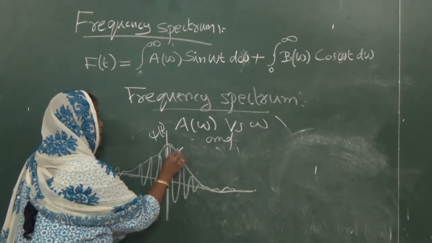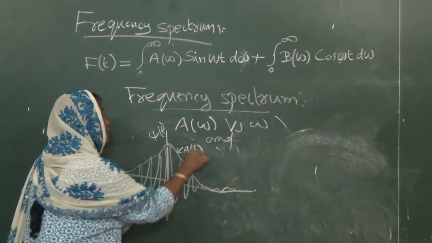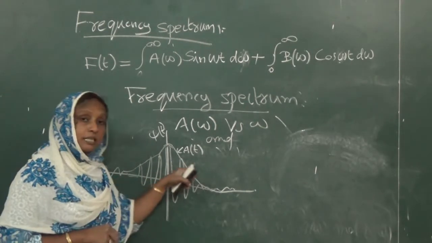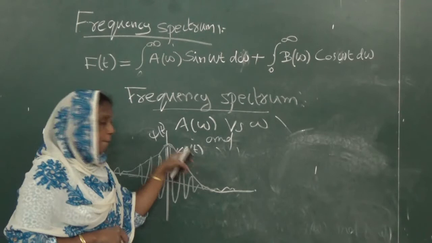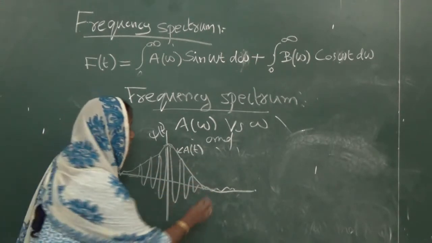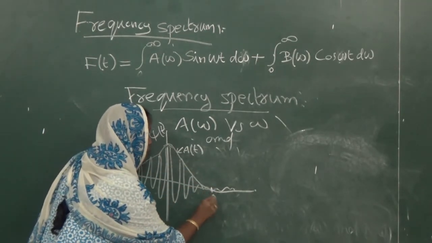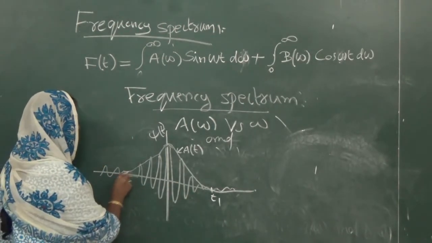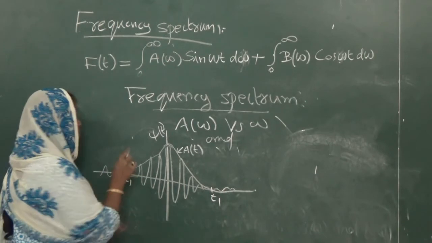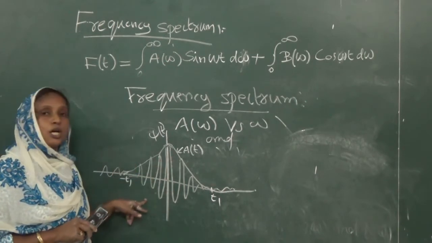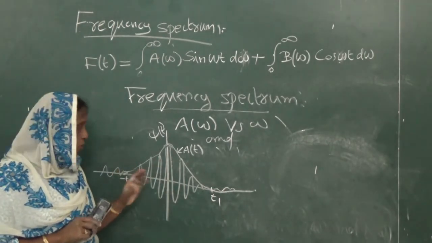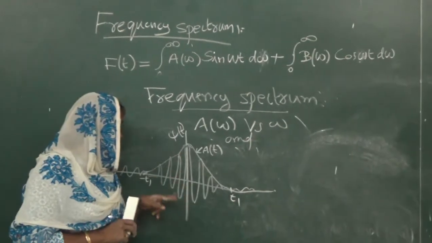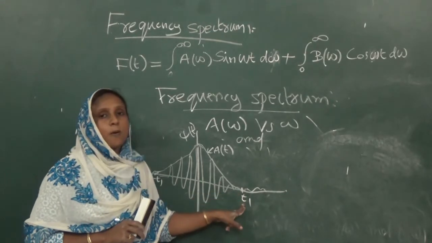This envelope represents the amplitude A of t. Suppose this amplitude becomes 0 at t equal to t1. Similarly, here is minus t1 where this amplitude goes to 0. So this pulse has a finite value between minus t1 and plus t1.